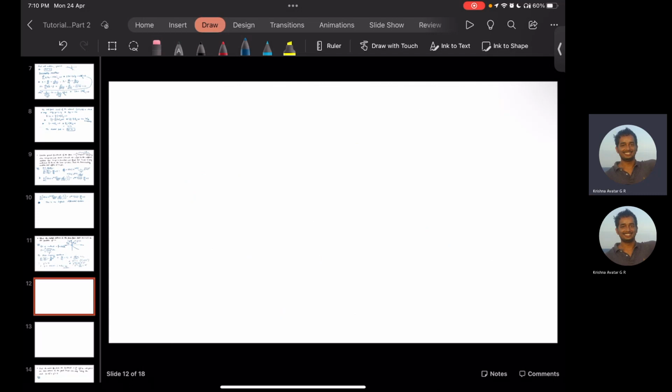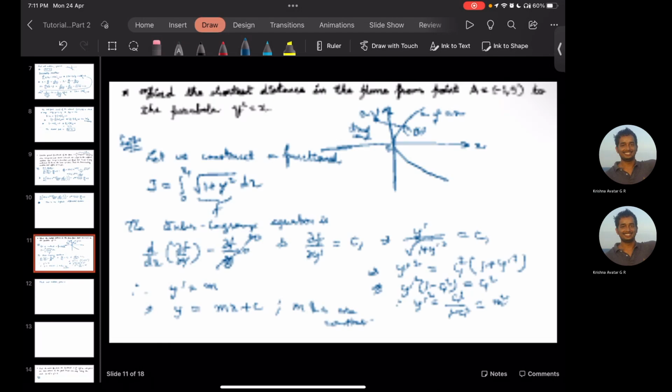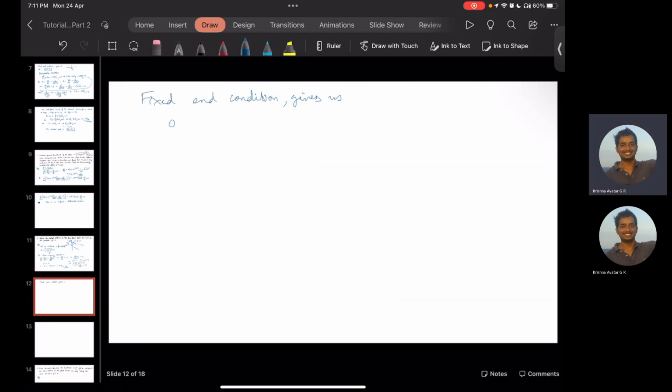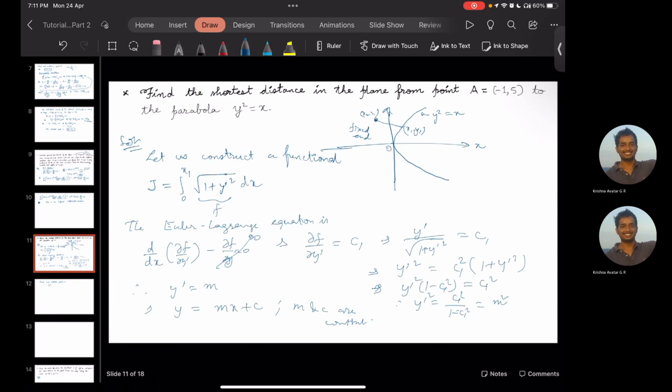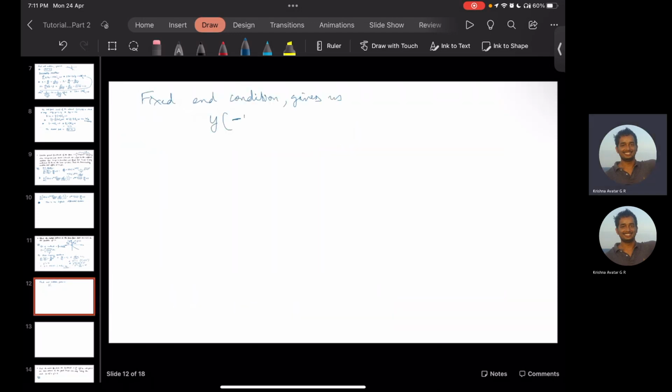So let's use our end condition. The fixed end condition gives us y at -1 is equal to 5.